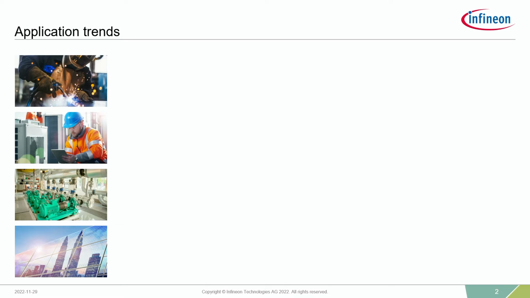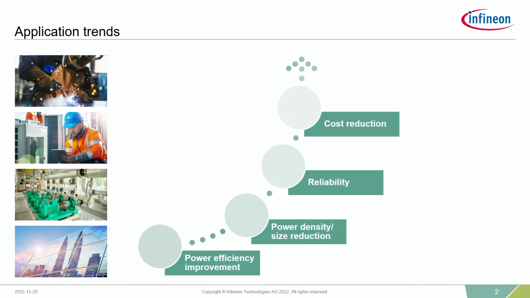To be precise: higher efficiency, better reliability, cost reduction, size reduction, and so on. Specific requirements are mandatory for some of the applications, for example working in harsh environmental conditions, over operating voltage, and over operating time.